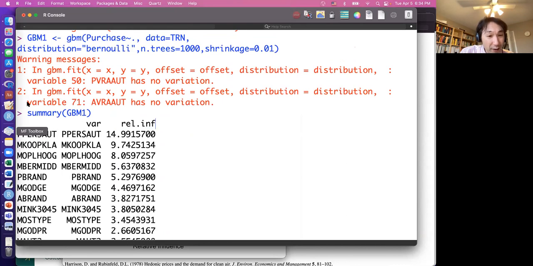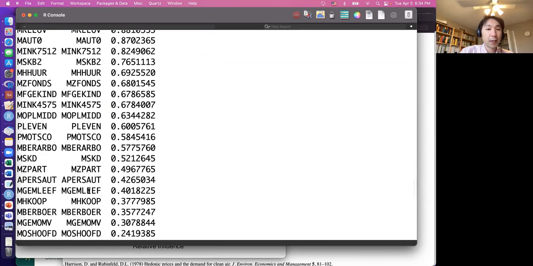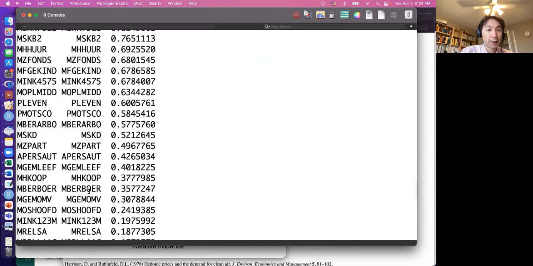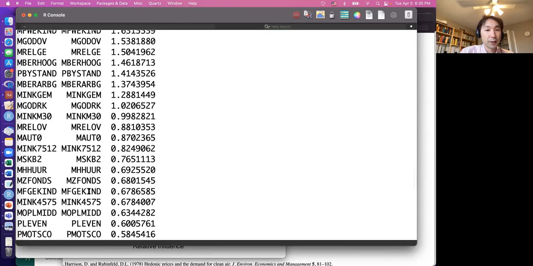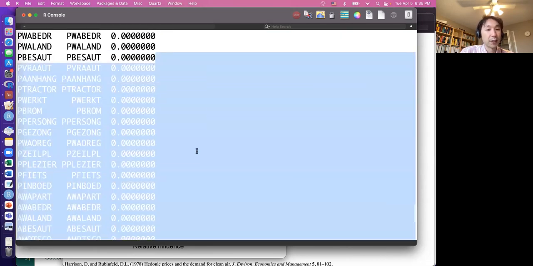I'm not exactly sure about the meaning of this, but PPER, SAUT, so these variables are most useful to explain the variation in whether or not the consumer buys that product, and so on. Probably we have to consider the first 20 or 30 variables, but after that the rest are almost useless.